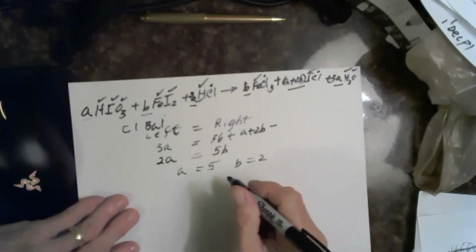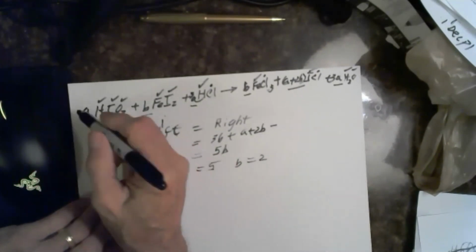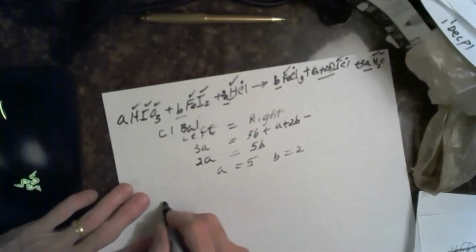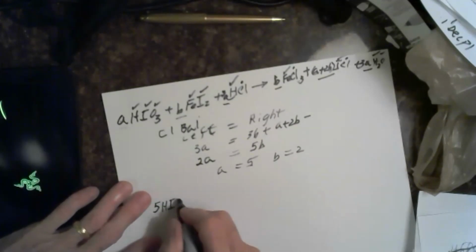So now let's go back up here. This coefficient is a 5, so I want 5 HIO3.